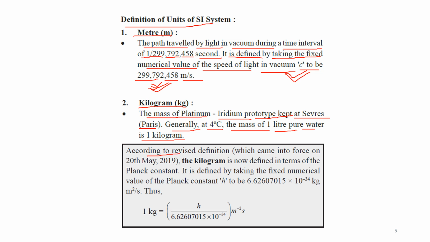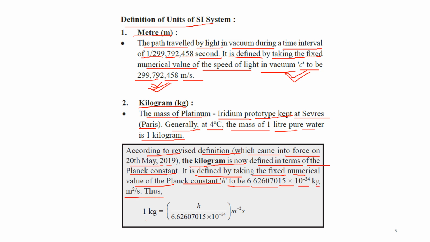According to a revised definition which came into force on 20th May 2019, the kilogram is now defined in terms of the Planck constant. It is defined by taking the fixed numerical value of the Planck constant h to be 6.62607015 times 10⁻³⁴ kg meter square per second.